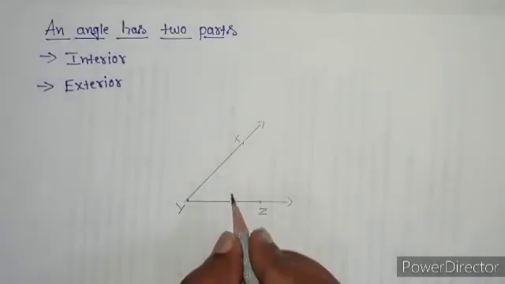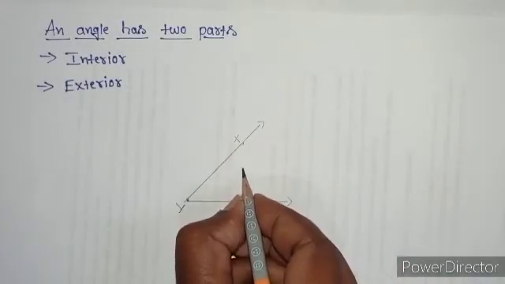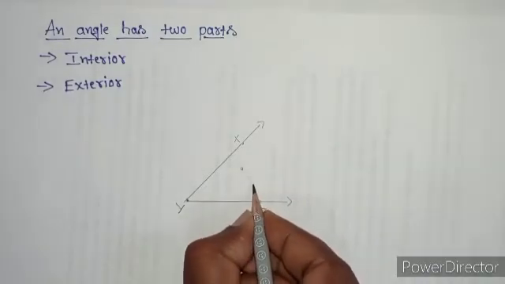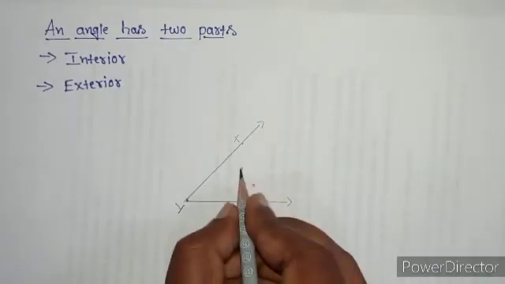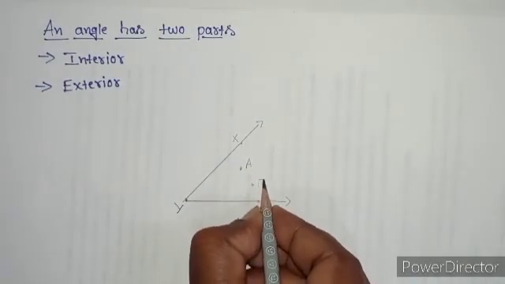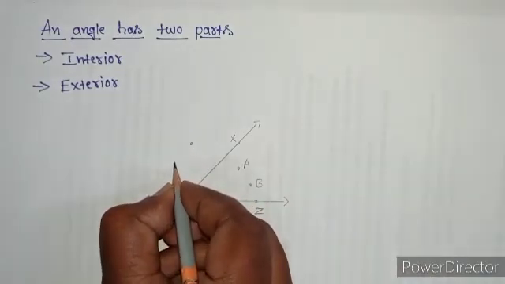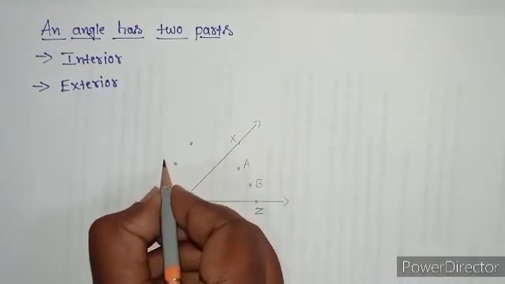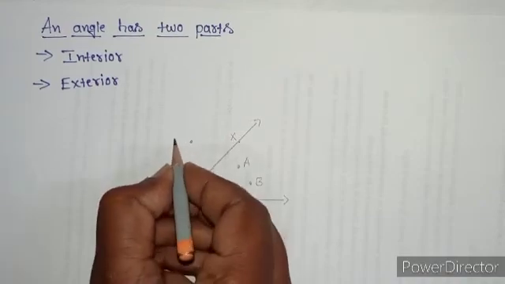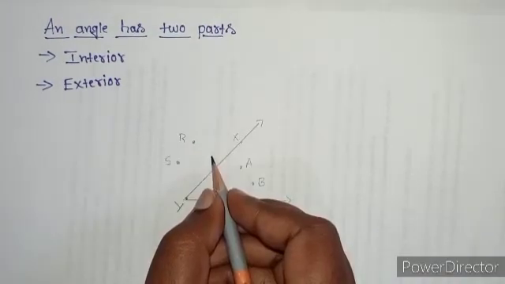Now I am going to draw one point here and another point here, and give them the names A and B. Next I am going to draw two points here and name them R and S. Students, we know what a point is.